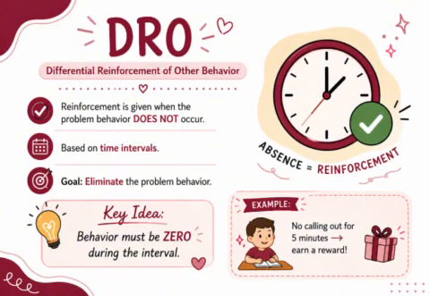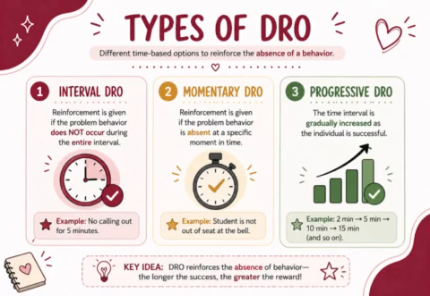So the client or the student will have to not call out for those 5 minutes, and then they could earn a reward. Now, there are 3 different ways to measure the absence of behavior. The first one is interval DRO, then momentary DRO, and progressive DRO. We're going to break them down.